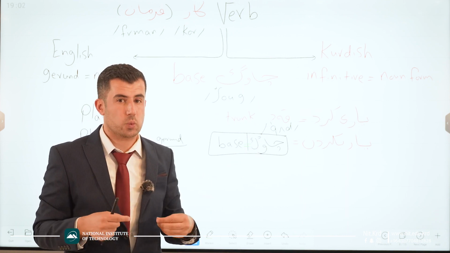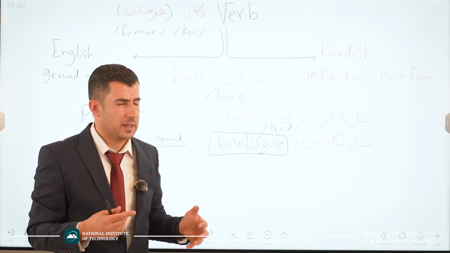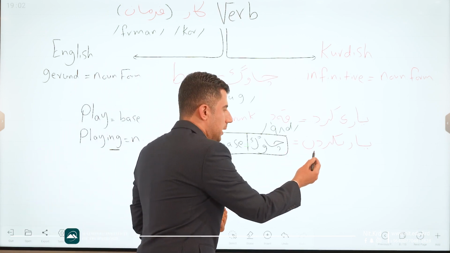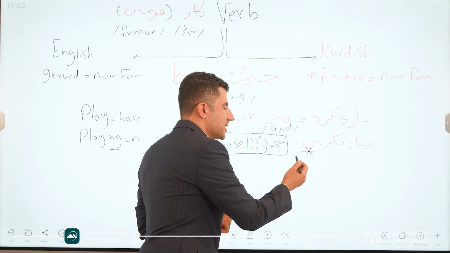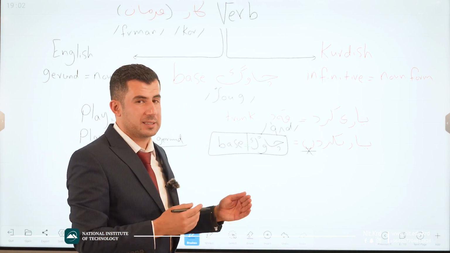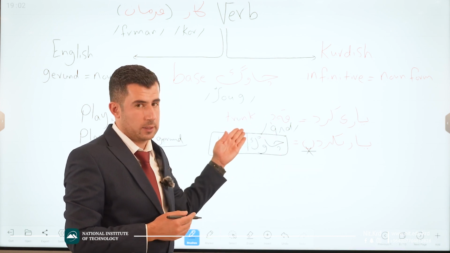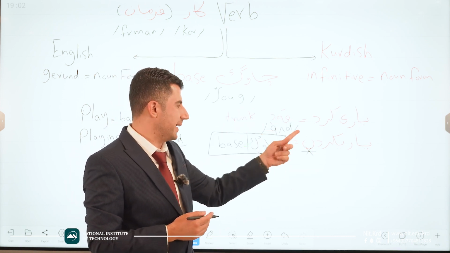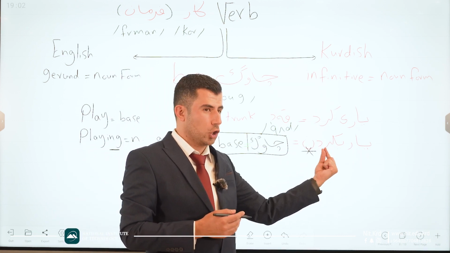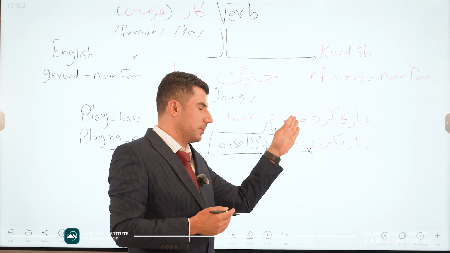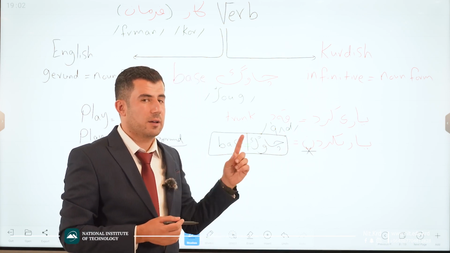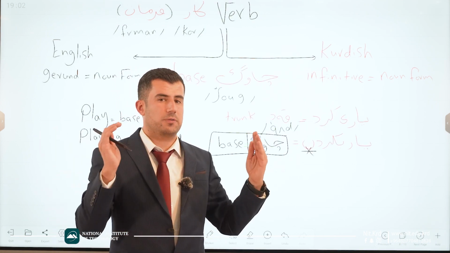In Kurdish language, we have the trunk of the verb. How do we get the trunk of the verb? By removing this n, the last noon, at the end. When we remove it, it becomes trunk. Trunk of the verb is the base and the noun form of Kurdish word after removing n at the end of the verb. Be careful of this difference.